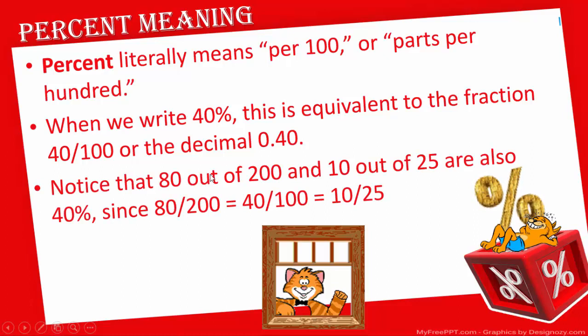0.40. Now notice that, let's say we have a situation where we have 80 out of 200. Well, that is also a percent, because technically that would be 40%, since if we divide 80 by 2, we get 40, and if we divide 200 by 2, we get 100, and that would give us 40 over 100, which would imply 40%.